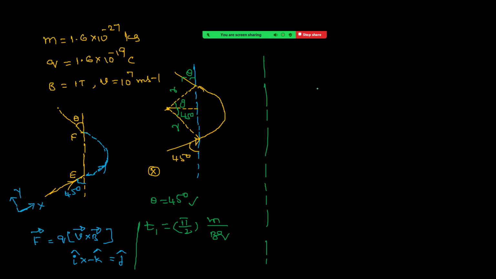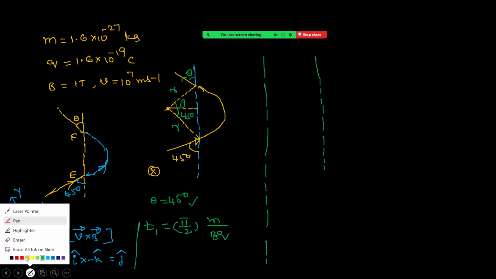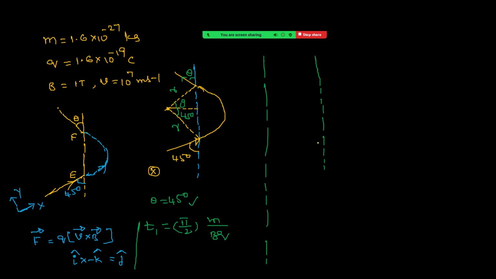I will make the diagram here. See how the path is. It is once again a circular path. So while making the diagram, we should be very careful. It enters at E. This is E. Now we got force now along the negative y-axis.